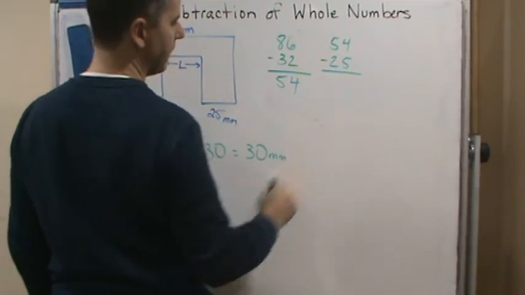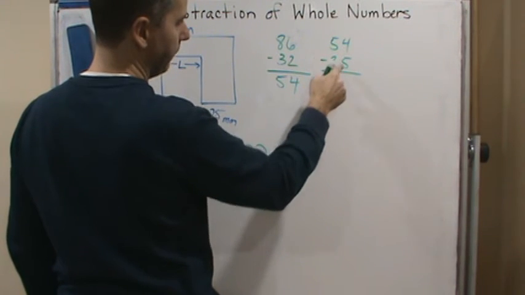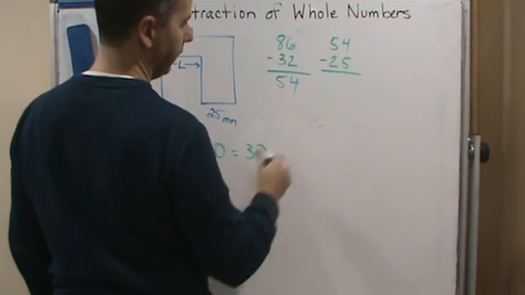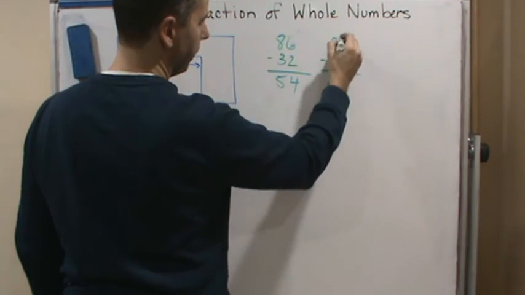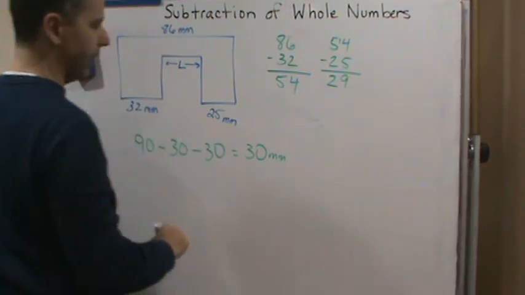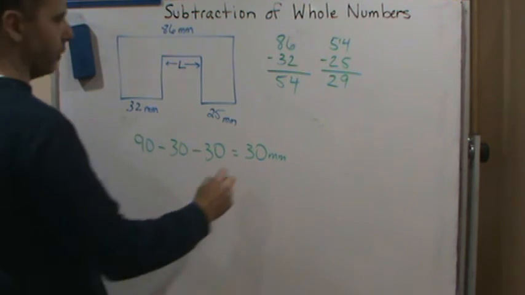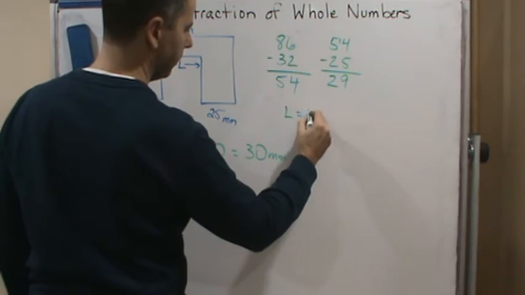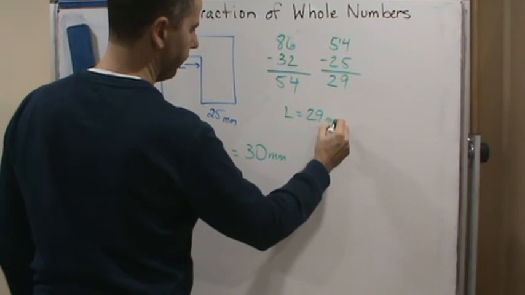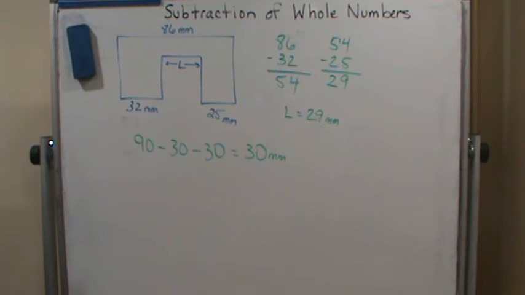So let's do this in one step. 5 minus 2 is 3, but then we have to borrow here, so that leaves us 2. That's going to be 14. 14 minus 5 is 9, and so we get 29 millimeters. And so L is 29 millimeters, and it's pretty darn close to what we estimated.